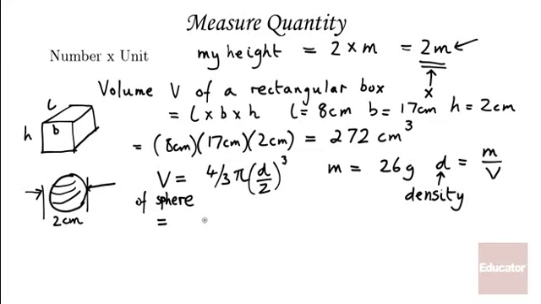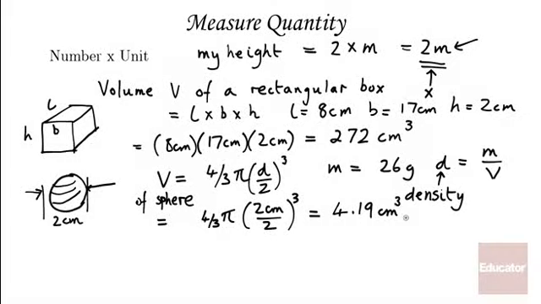The volume is 4/3 pi d, which is 2 centimeters, over 2, and notice I include the unit centimeters along with the 2. 4/3 pi times 2 centimeters over 2, all cubed, and that comes out to be 4.19 cubic centimeters.